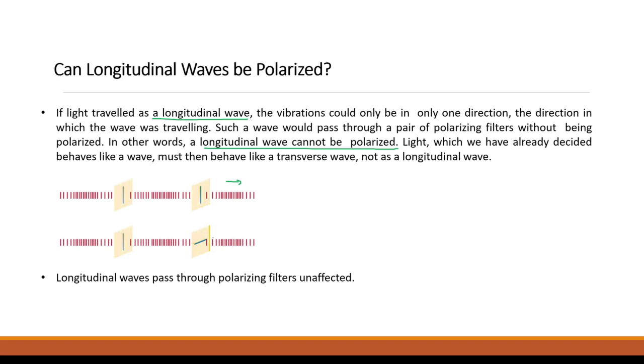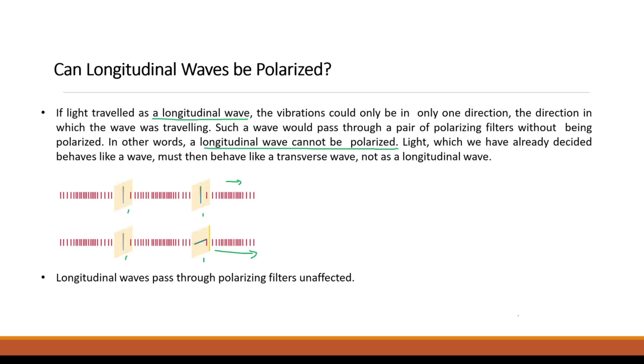So notice here with our longitudinal wave, passing through the horizontal filters, it passes unaffected, just like our transverse waves. However, when we have our Polaroid setup, one vertical, one horizontal, or perpendicular to each other, it doesn't matter about the orientation, longitudinal waves pass through unaffected, and so they can pass through polarizing filters no problem.